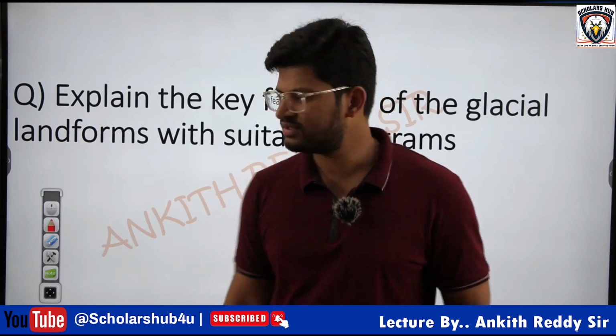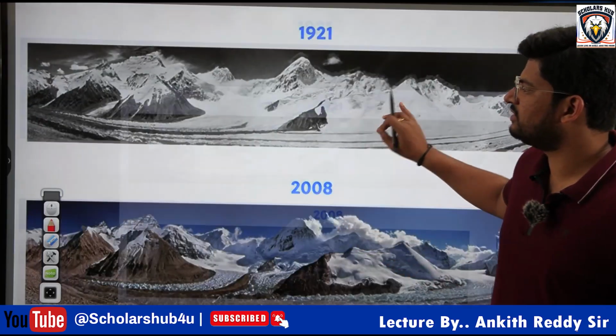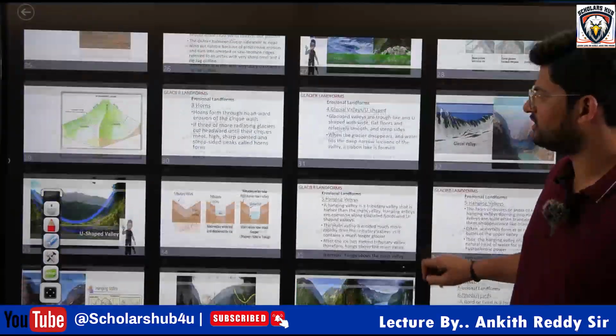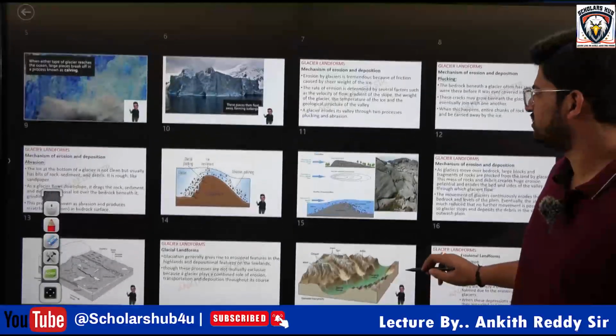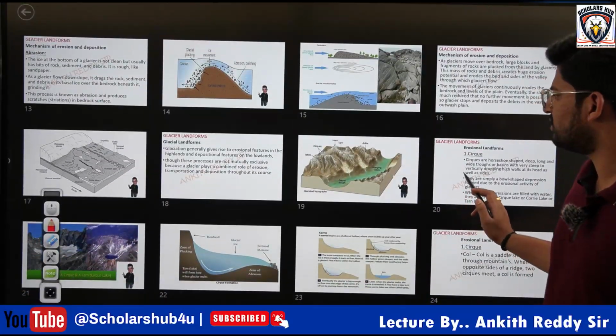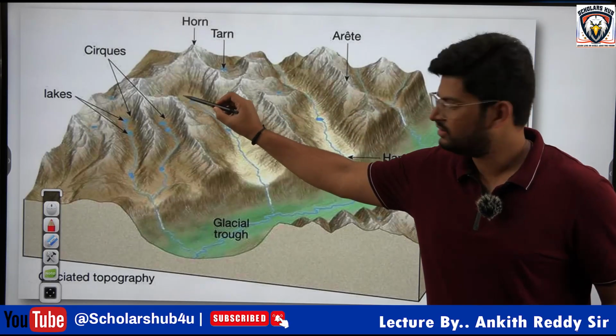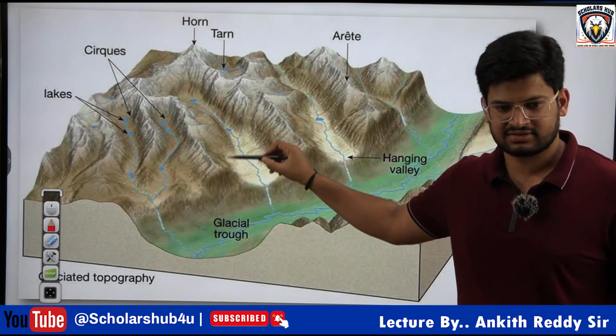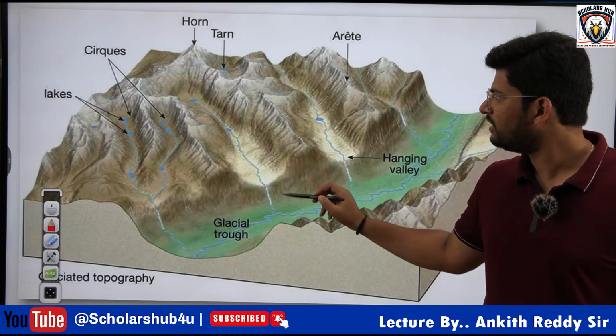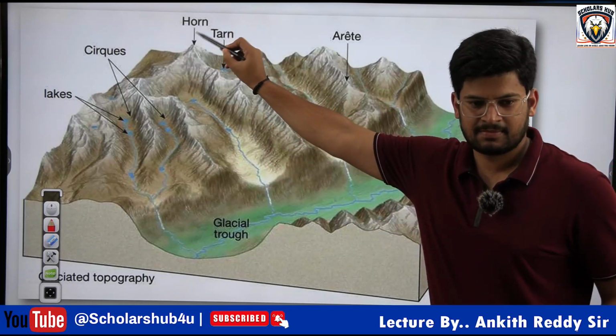Clear? Once again, let's look at the erosional landforms. First are cirques, aretes, and pyramidal peaks or horns.